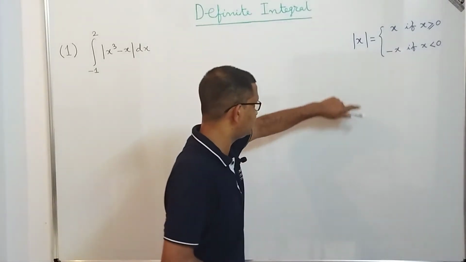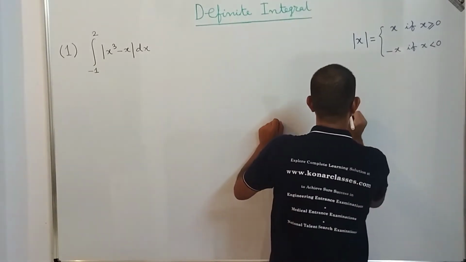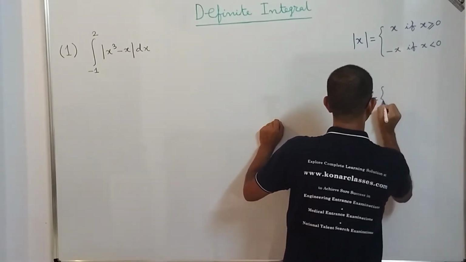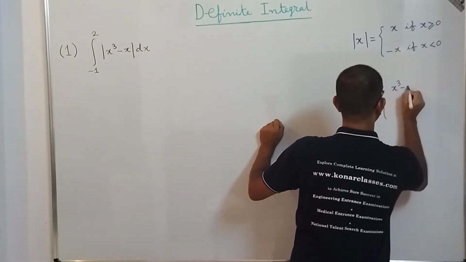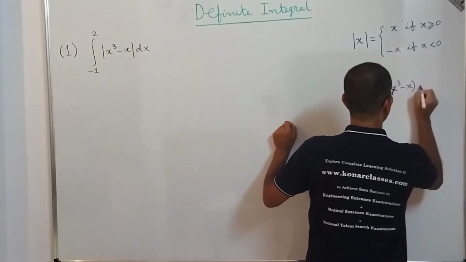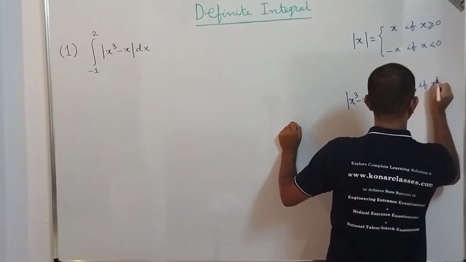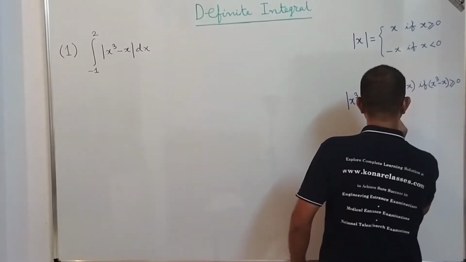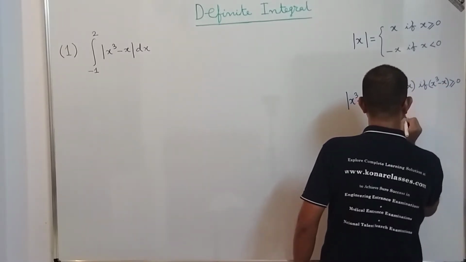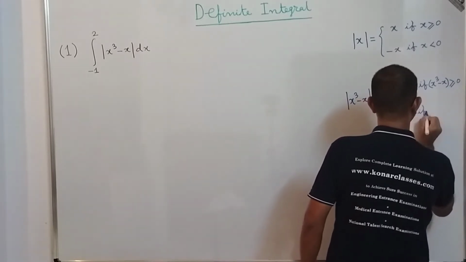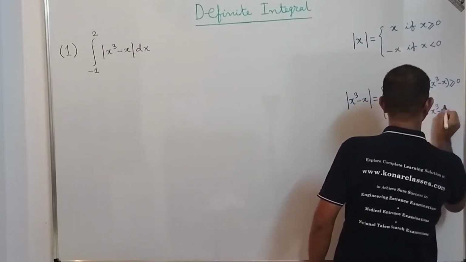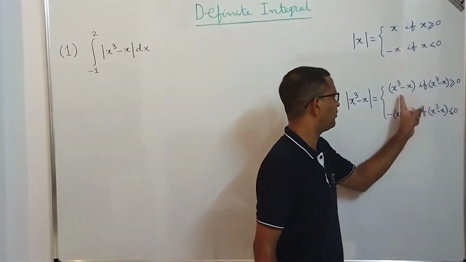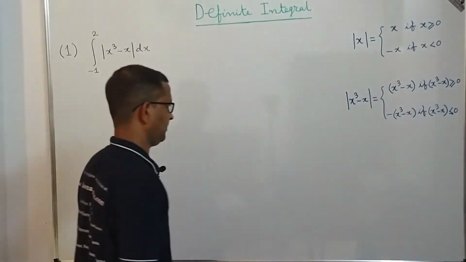Because if we extend this definition, mod of x cube minus x is equal to x cube minus x if x cube minus x is greater than or equal to 0, and it will be minus of x cube minus x if x cube minus x is less than or equal to 0, because 0 is a common point in which the value is 0, so it's okay.